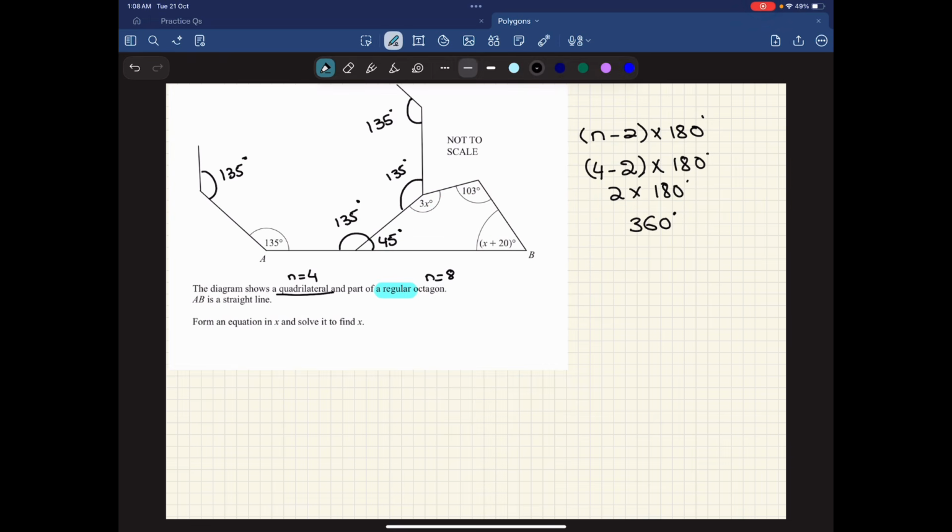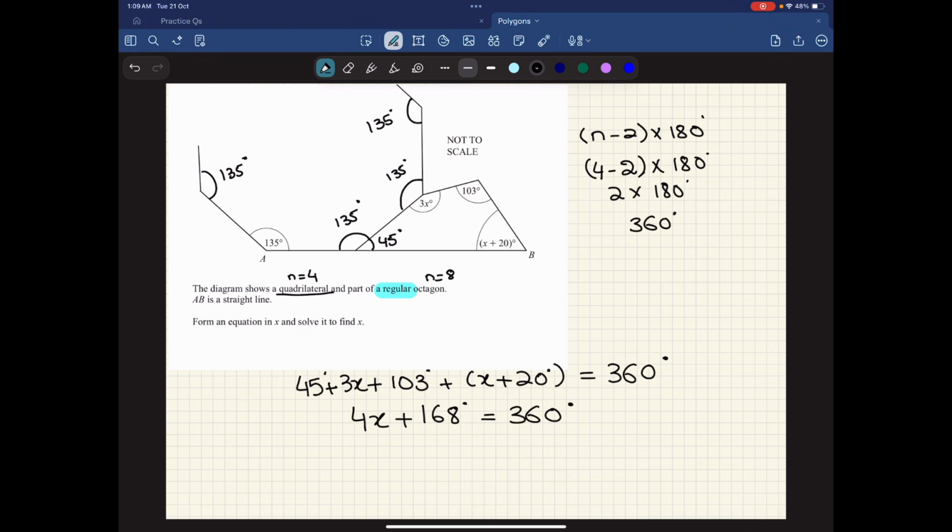So let's write this down in order to form an equation in x. 45 plus 3x plus 103 degrees plus x plus 20 degrees should be equal to 360. Let's simplify by collecting like terms together. So 3x plus x is 4x plus 45 plus 103 plus 20 is 168 degrees.